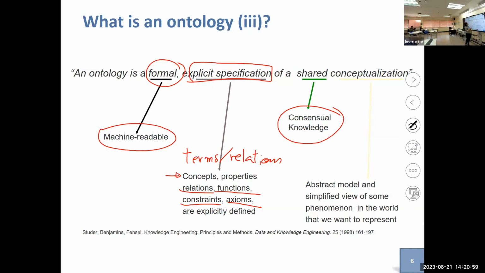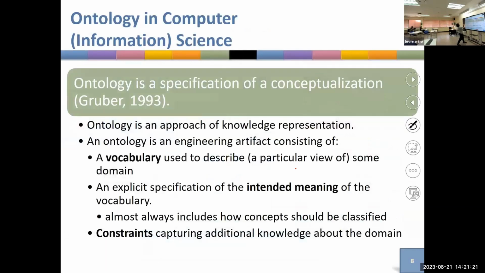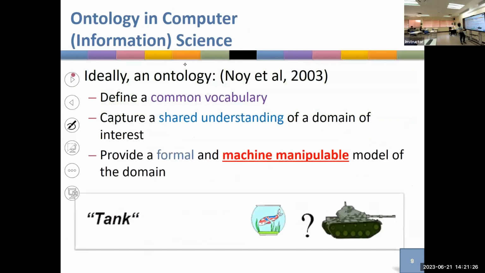And when it is conceptualization, what does it mean? It means an abstract model, a conceptualization or a view of something you want to represent in the world, such as an ontology of computer science, or as we saw in examples this morning.